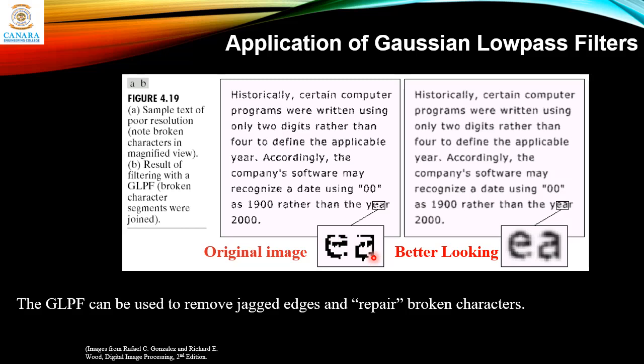Now if you filter it using the Gaussian low pass filter, this will be the effect. You can convert these broken edges into continuous ones. What's really happening here is you are reducing the difference between black and white pixels, so it makes it smooth and gives the impression of being continuous. You can see the contrast has reduced, but it looks better compared to the original image.